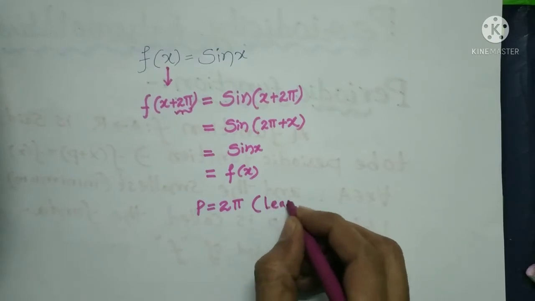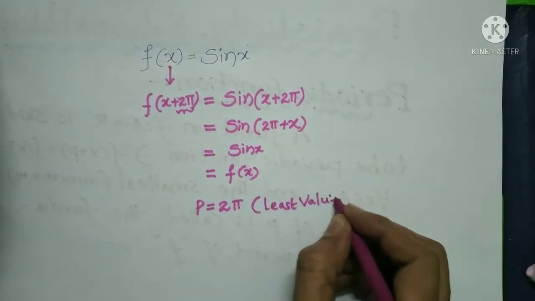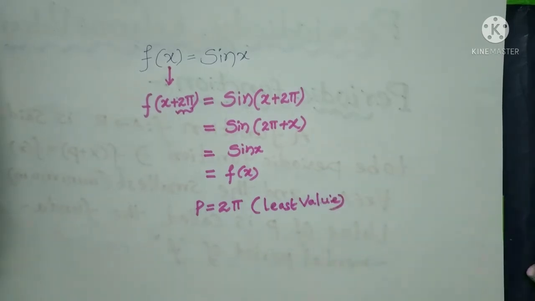This is called the fundamental period. The fundamental period is nothing but the least or minimum value. So for our function f of x equals sine x, the period is 2 pi.